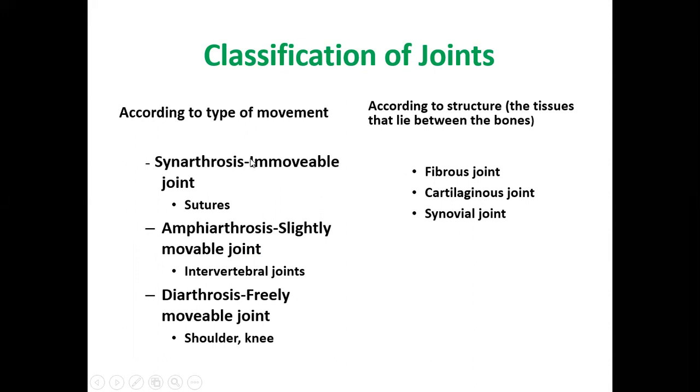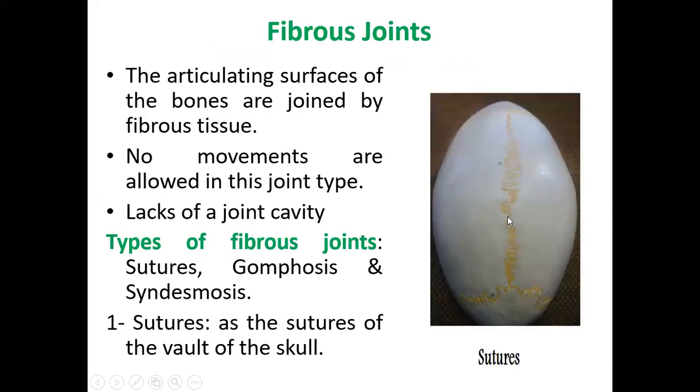Depending on the movement, it will belong to the synarthrosis. And if you want to see the structure in between the fibrous joint, there is fibrous tissue. If you see here, the yellowish parts are the fibrous tissue within the suture. These zigzag lines are called sutures between the two bones.